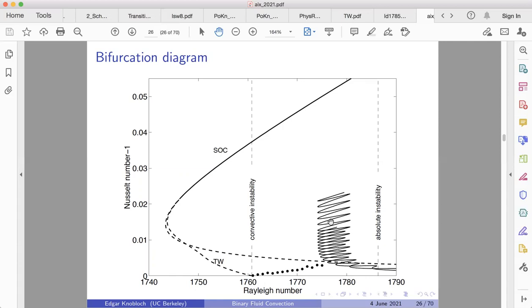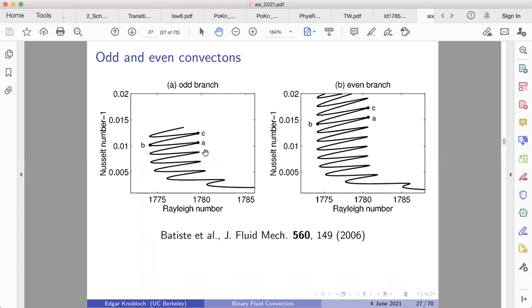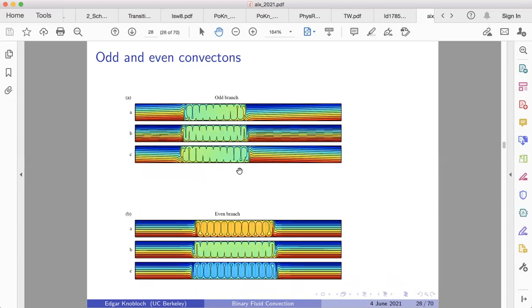Okay, so let me say a few words about these solutions. I've taken them apart. So I have the branch of odd solutions, those are the anti-symmetric ones, and the even ones here. And I'm going to compare what happens at successive folds as I go around this snaking structure. So for the odd states, when I go from right to left, back to right, you see that these are odd states.